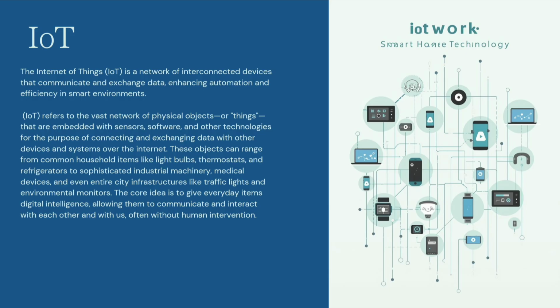IoT is nothing but Internet of Things, a network of interconnected devices communicating and exchanging data, enhancing the smart environment. These objects range from common household items like light bulbs, which we can control, or some electronic devices, virtually from the app.